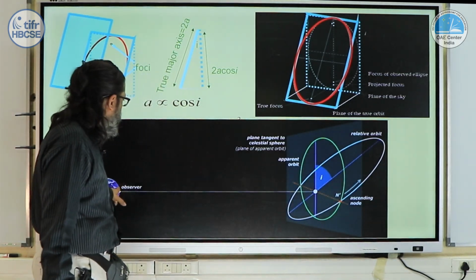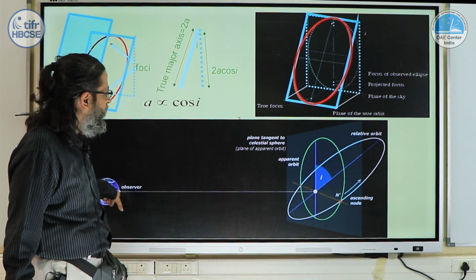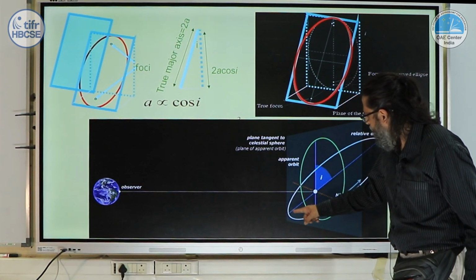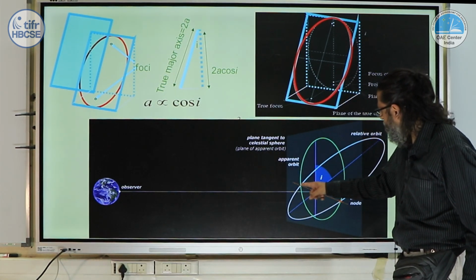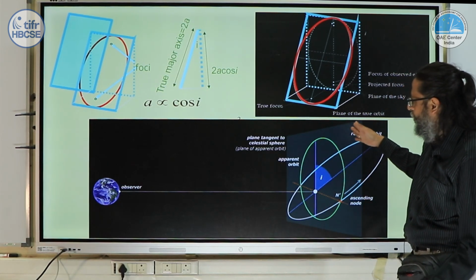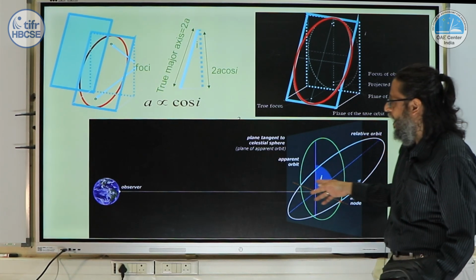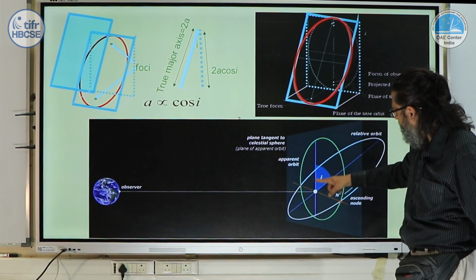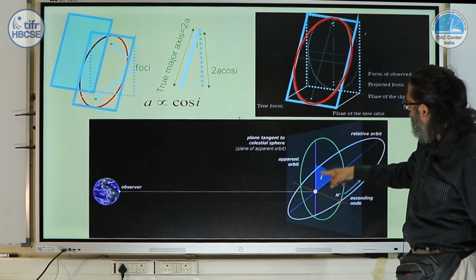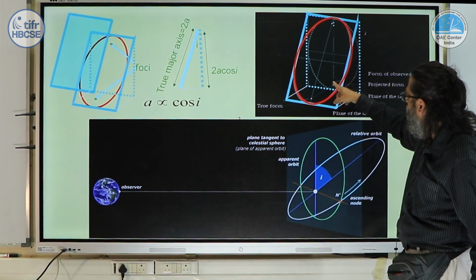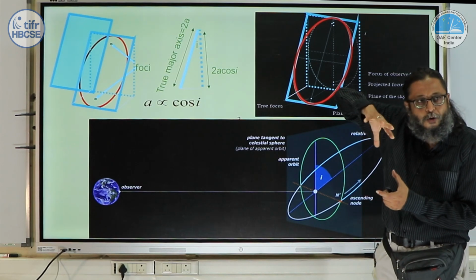Here you see this is the observer on Earth. This is the relative orbit. This is the apparent orbit on the plane of the sky as seen by the observer. And then we have to look at the projected focus and the focus of the observed ellipse, because the whole orientation is changing.